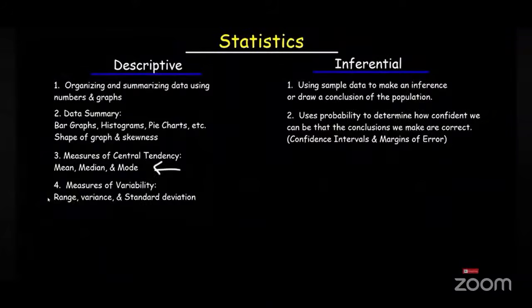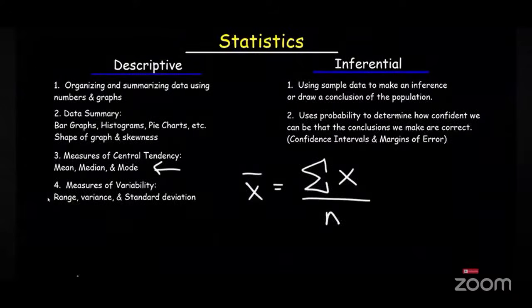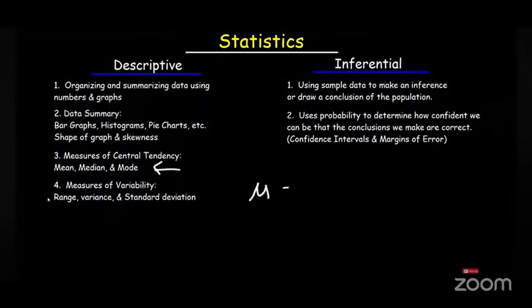Now there's 2 types of means that you want to be familiar with. The first one is the sample mean, which is basically a sum of your sample data divided by the number of data items in your sample. The second is the population mean, which is also the sum divided by the number of data items in the population.